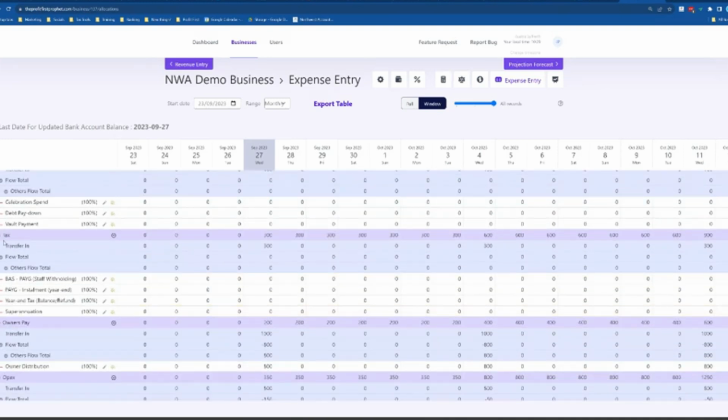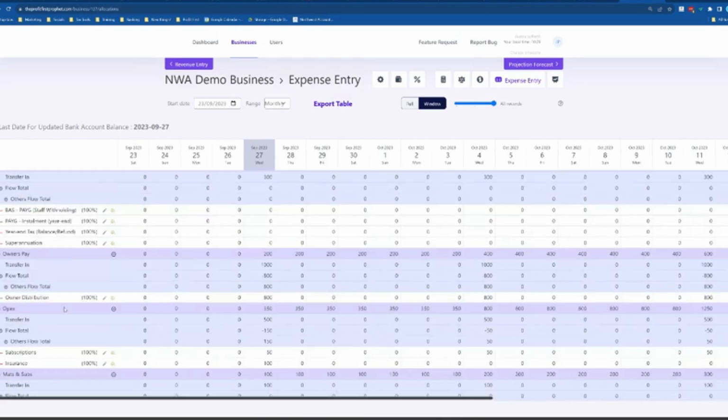So we can see out of the tax bank account, we're looking at BAS and PAYG. We're looking at pay-as-you-go installments. We're looking at year-end taxes. We're looking at superannuation payments. So anything from a tax and superannuation payment point of view, we're building this out.